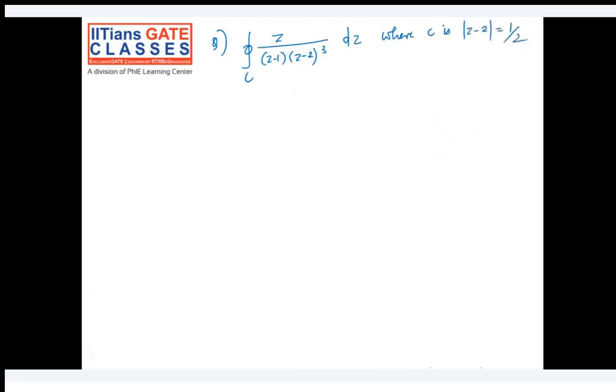So what is this equation? It is the equation of a circle with center at 2 and radius 1 by 2. So this is 2.5, this is 1.5, and this is the point 2. This is the equation of a circle, and it can be shown like this.